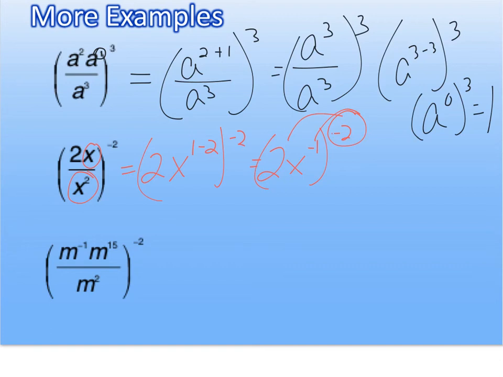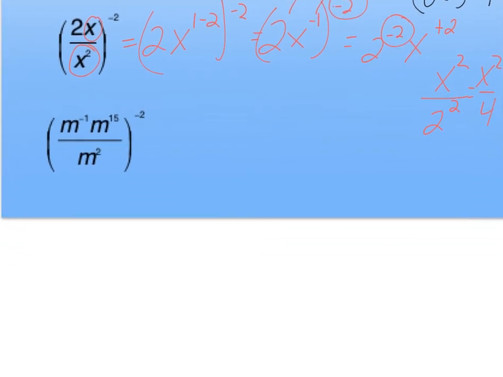So I'm going to get 2 to the negative 2, x to the negative 1 times negative 2. Well, negative 1 times negative 2 is going to become a positive 2. Remembering that this moves it to the denominator and squares it. So this is going to be x squared over 2 squared, which is x squared over 4.